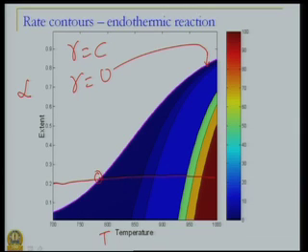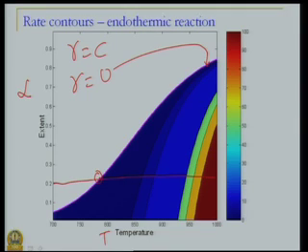So, that is the equilibrium condition, but as our temperature is increasing along this line, we see that we are traveling from the dark blue region to brown through various different transitions. That means the reaction rate is increasing.